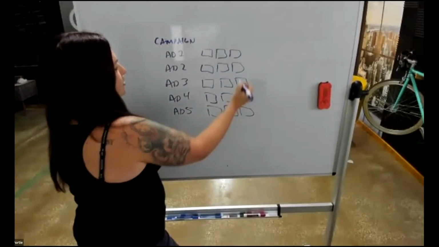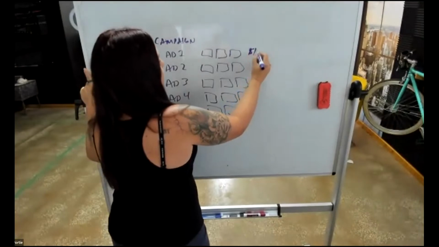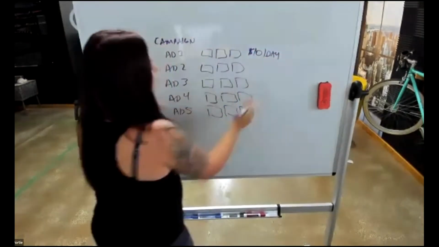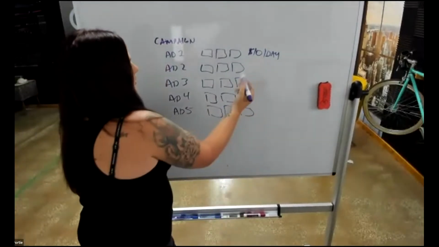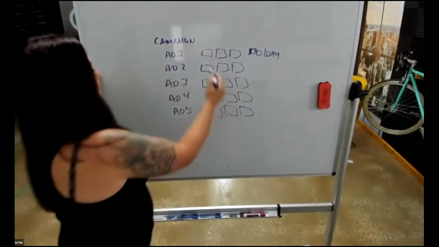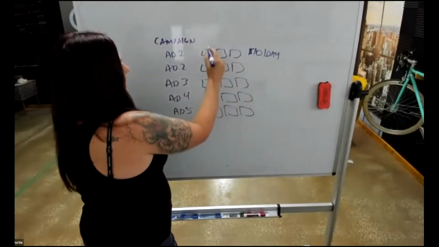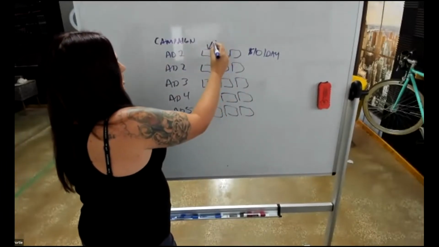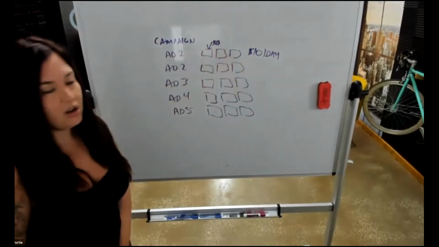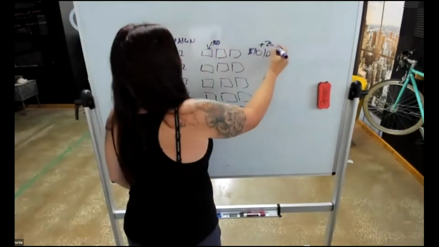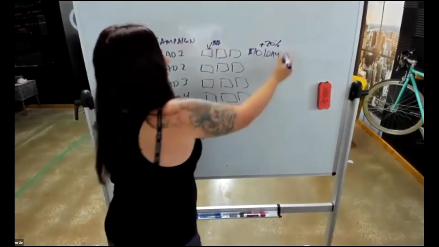Okay, cool. So you're running this at $10 a day, this at $10 a day, this at $10 a day, this at $10 a day. Let's say that this ad set takes off and this one starts getting all of the sales. I don't touch this at all, and I just add 20% a day to this budget.